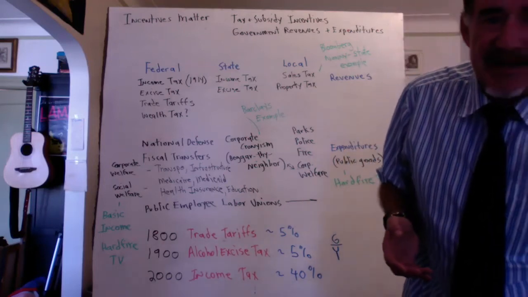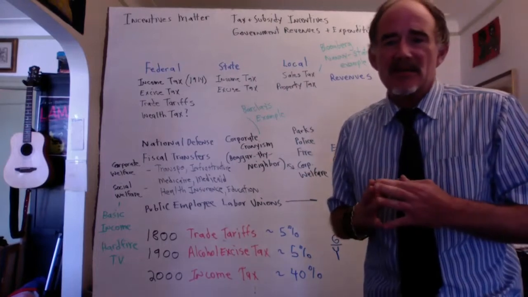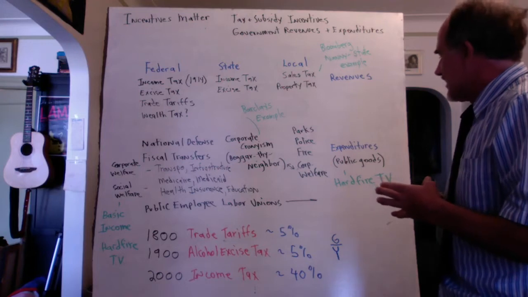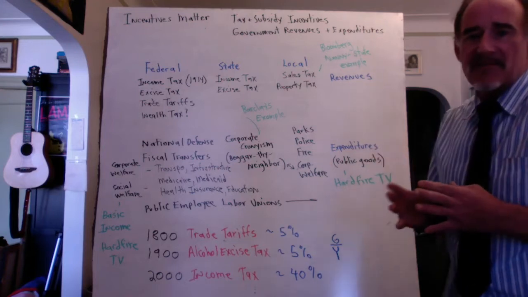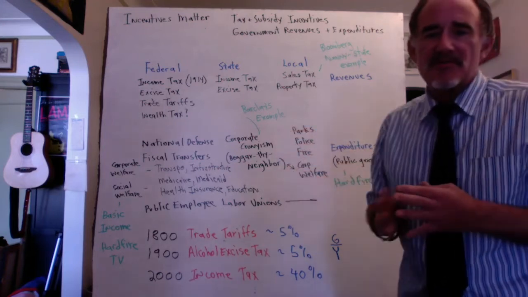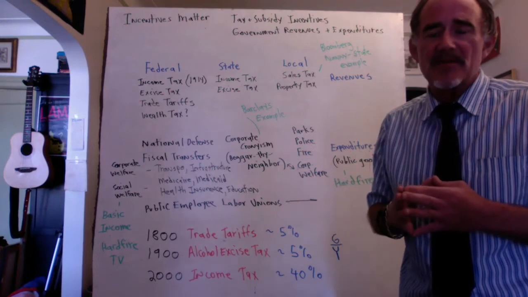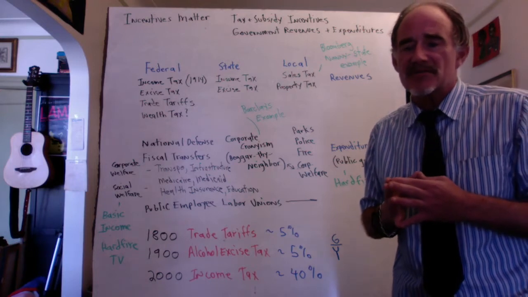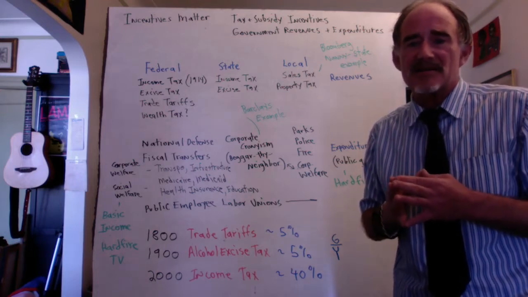So when I say the state, I mean the entity that has the legal monopoly on coercion. So state expenditures should be used for public goods, things which can't be provided for by the market through mutual exchange. So you need state coercion to provide these things.